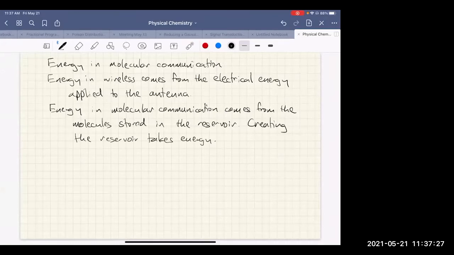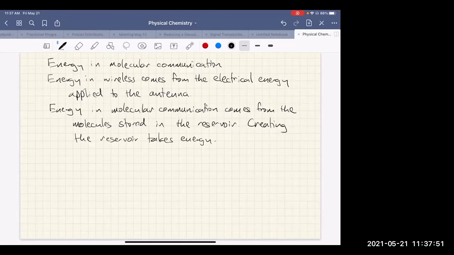So we, in fact, must think about how energy works here, because otherwise it's a completely free lunch. If we just imagine that there was no energy at all in creating a reservoir, then it seems like molecular communication is completely free. But we know from analogy to nature that that's not true.